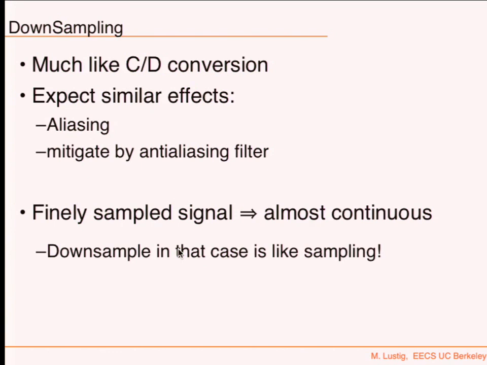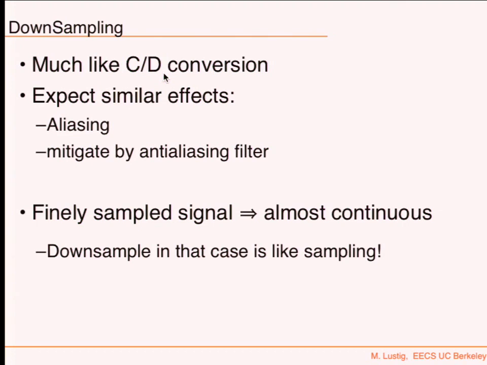As it turns out, when you do downsampling, it's similar to continuous to discrete conversion. You're going to expect similar effects, like aliasing and mitigating aliasing with anti-aliasing filters.